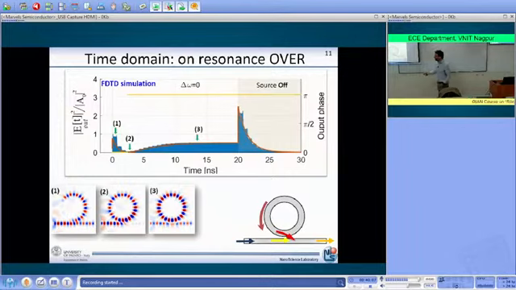So at the initial time, you have some field that is transmitted. Then after a round trip, you reach the condition of perfect destructive interference. Then, since you are providing more and more optical field inside the microring resonator, the field inside the microring resonator is out-coupled to the bus waveguide, and you have an intensity that is transmitted by the bus waveguide. Are you following?